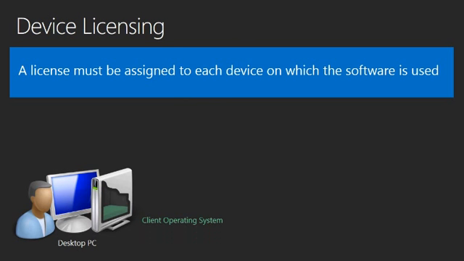So this takes us onto our very first licensing model, device licensing. And the text in the blue box here is absolutely key. A license must be assigned to each device on which the software is used. And I think the important word here is used, not installed. So although I've depicted the operating system as that green layer of technology on the computer as if it is locally installed on the client computer itself, if the organisation had chosen instead to deploy a virtual desktop infrastructure, then Windows 8.1 wouldn't actually be installed locally because it would be coming from a server.